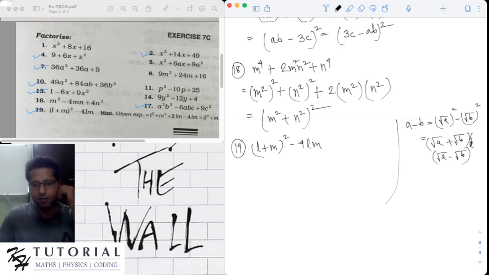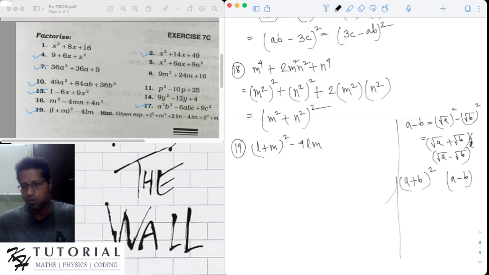But in this particular example, now this is a very standard identity. You must always remember that a plus b whole square and a minus b whole square can be expressed using each other.